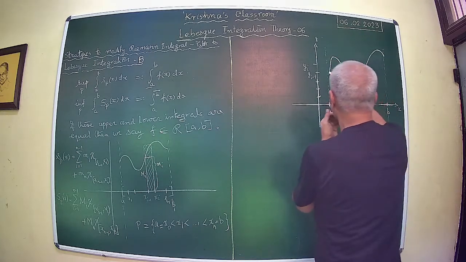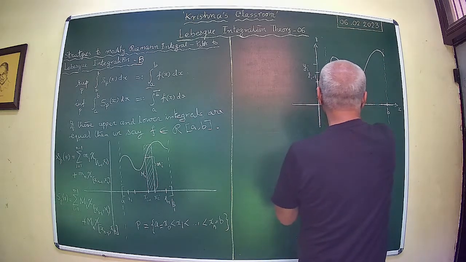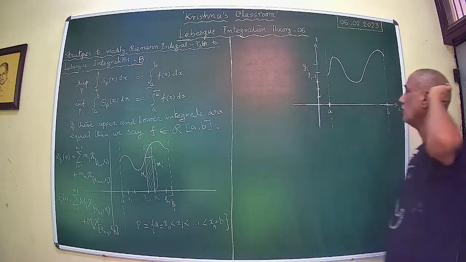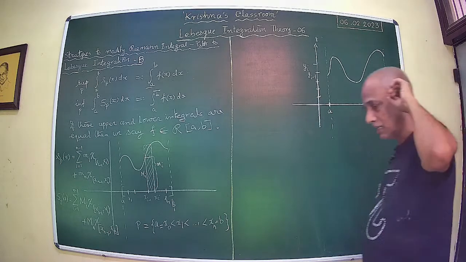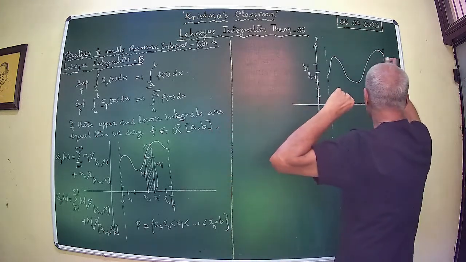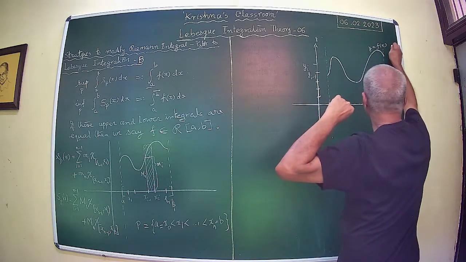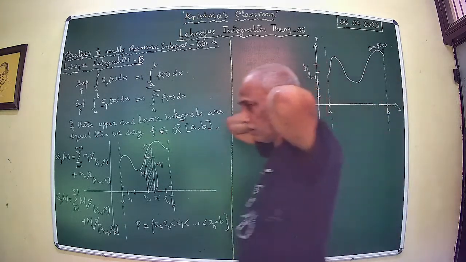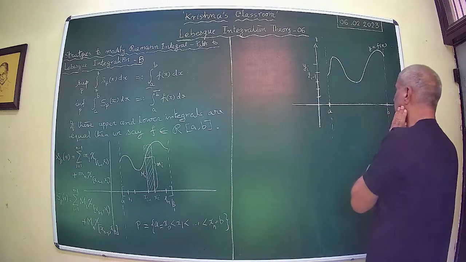Let me keep the graph like this to bring more clarity. I have an interval y_{i-1} to y_i. So the function f, this is y equal to f(x), the graph of this function, any point on this is the ordered pair (x, f(x)), where x belongs to the interval.